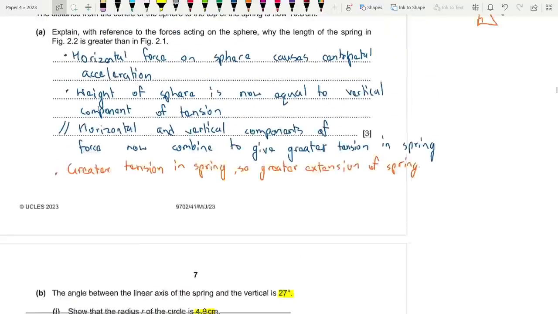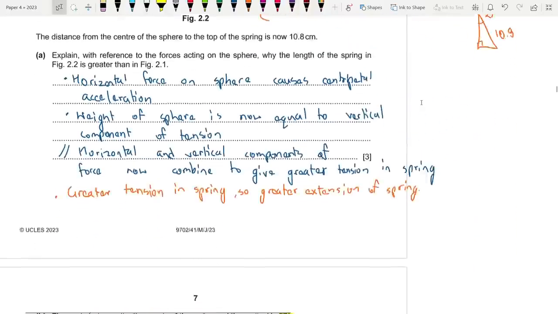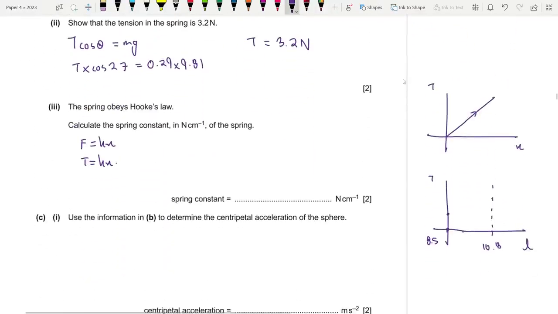What was the initial tension? Do we know? Initially, the tension was equal to the weight, which is 0.29 times 9.81. This is the value of tension initially, which is 2.8449. So initially it was 2.8449 and later on it became 3.2.